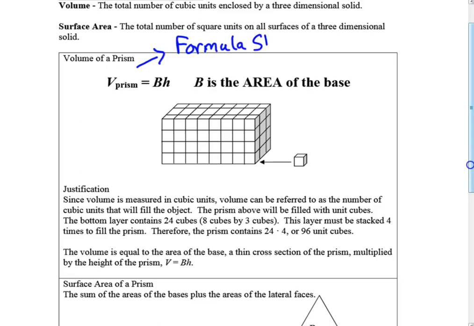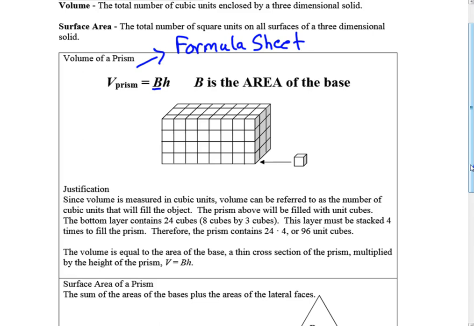The biggest thing people need to remember is that the capital B is the area of the base. A lot of times people confuse that for just the base, which might be a length, but capital B is the area of the base.